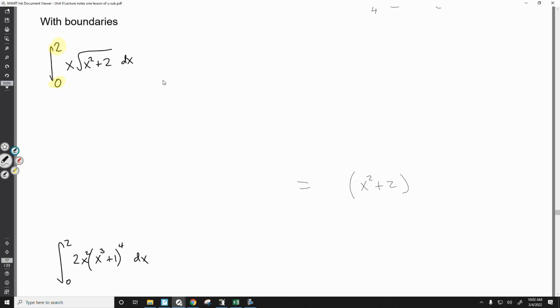Inside stays on the inside, just like always. This 1/2 power, I'll take the antiderivative of, I got a 3/2. If I took the derivative of this, I'm going to have a 3/2, but I'm also going to have a 2x, which means I'm going to have a 3x. I don't want 3x, I just want 1x. I need a 1/3.